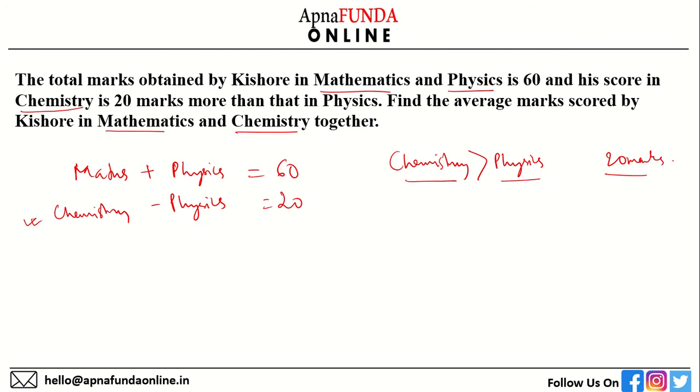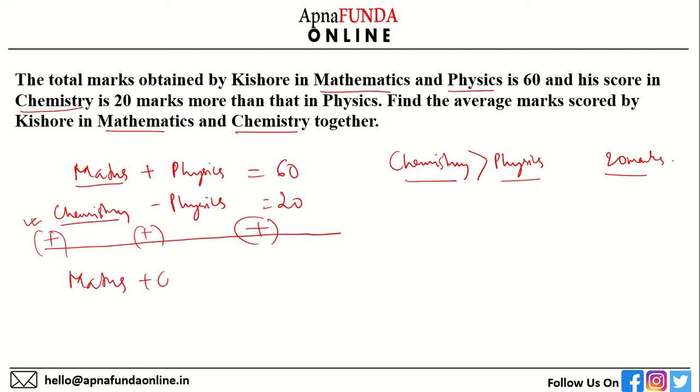Now just read the question carefully and look at these expressions carefully. We are concerned with maths and chemistry only. We are not concerned with physics. So very simply, if I add both of these expressions, what I'll get is maths plus chemistry is equal to 80.